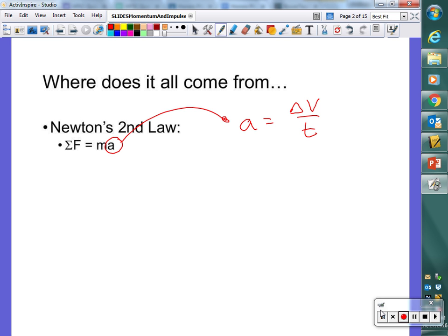And I'm going to take that expression for acceleration and substitute it into Newton's second law in the place of acceleration. Good there?